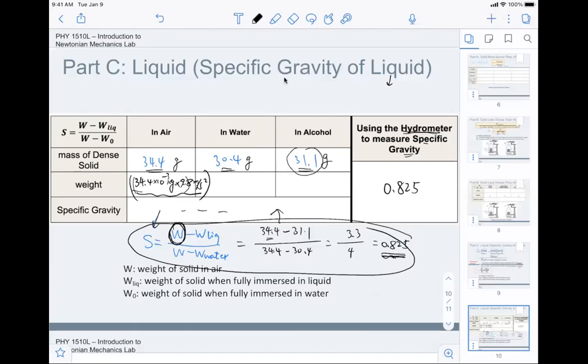Any other questions? Also, it's nice to use 1,000 because if you change your unit to grams per centimeter cubed, you can see a kilogram is 1,000 grams and 1 meter cubed is 1,000 centimeters cubed.